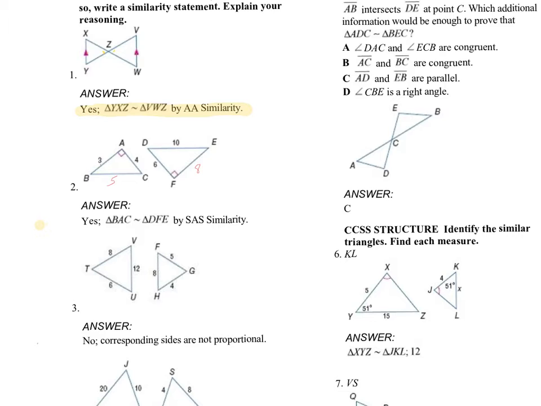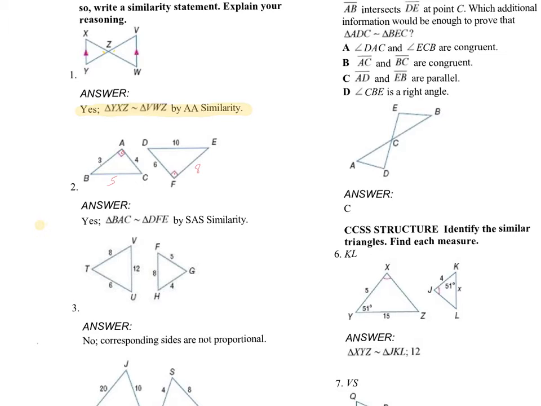And then if we want to look for the proportions of the sides, we already know that we have an angle, obviously the right angle to the right angle. We don't have any other angles, so we would need to go look for the sides.